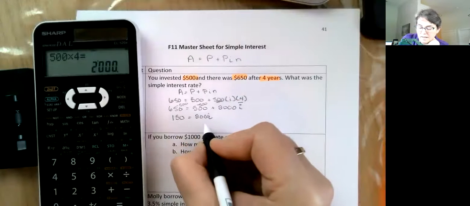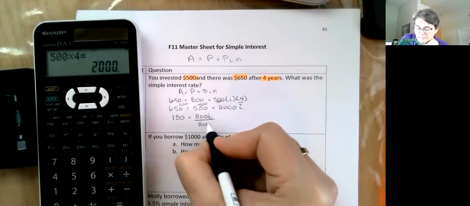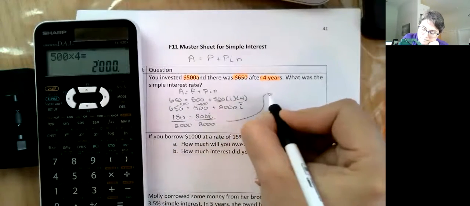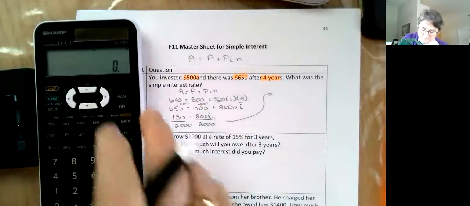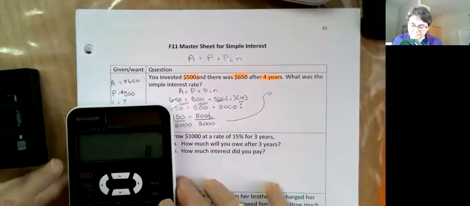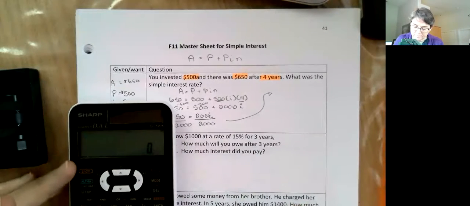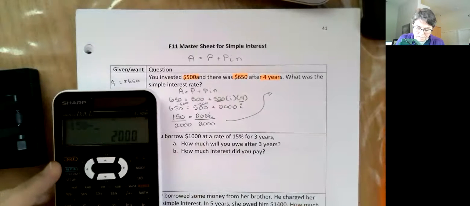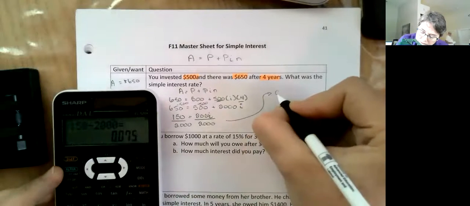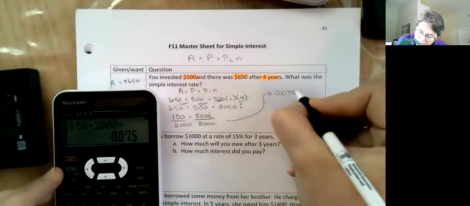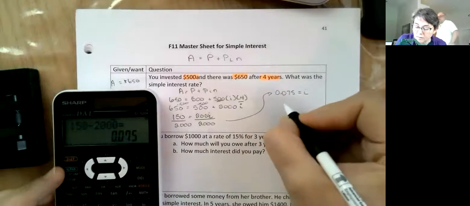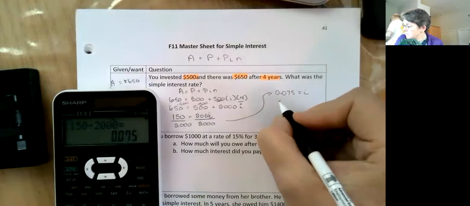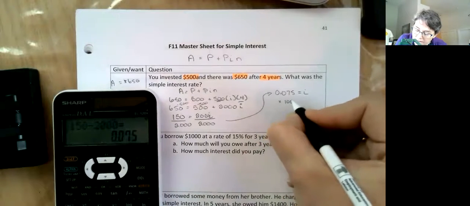And then we divide and away we go. 150 divided by 2,000 is 0.075, equal to I. And remember the trick: you multiply through by 100.